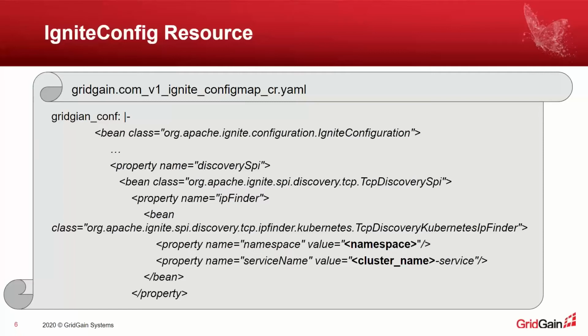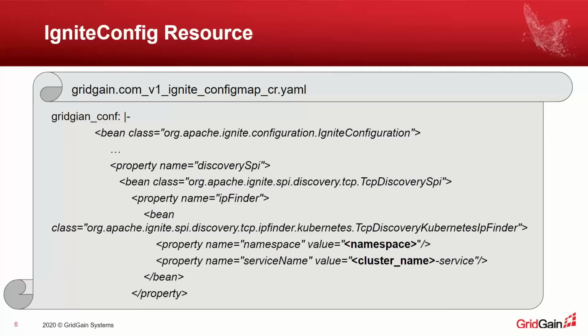Here you might see a snippet of this custom resource, and you can see that there is only a single parameter within conf that contains a string representation of your Ignite config XML file.